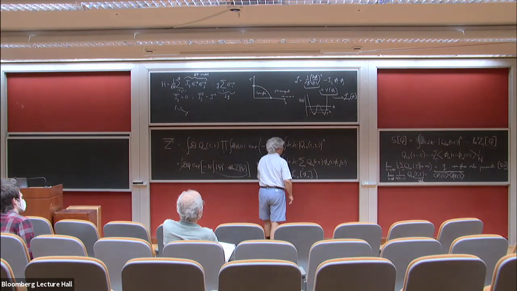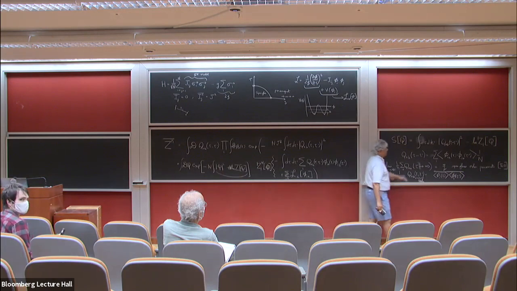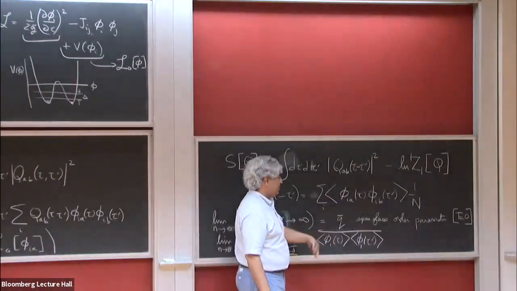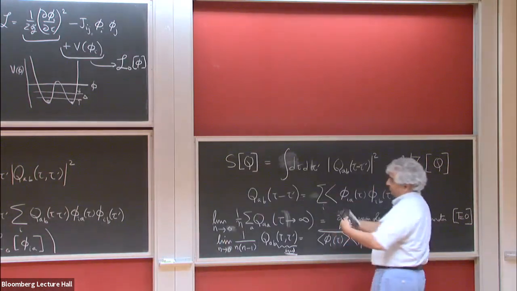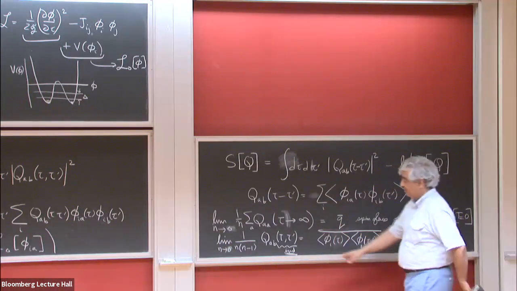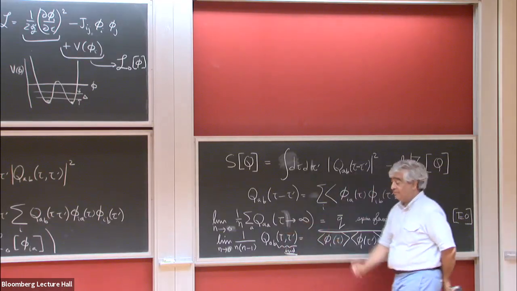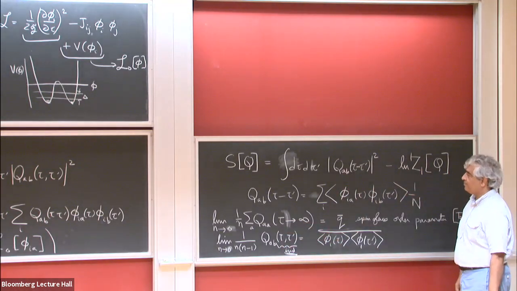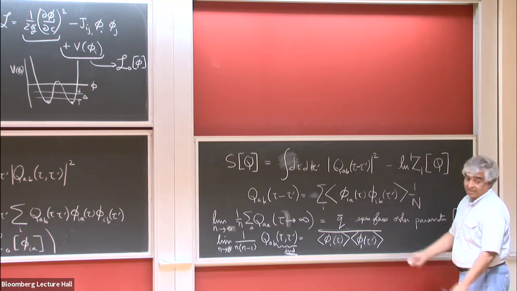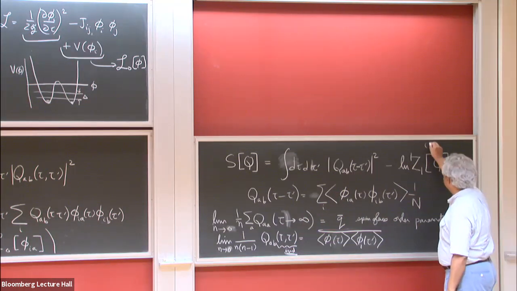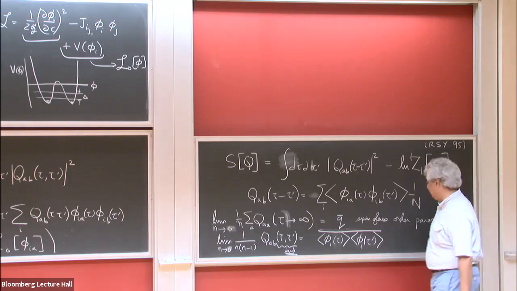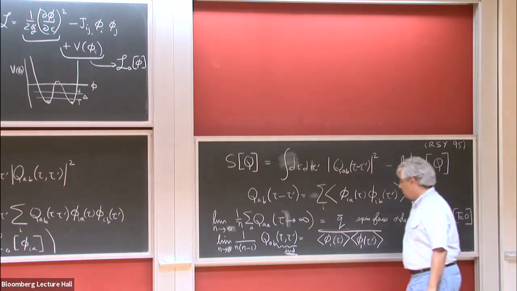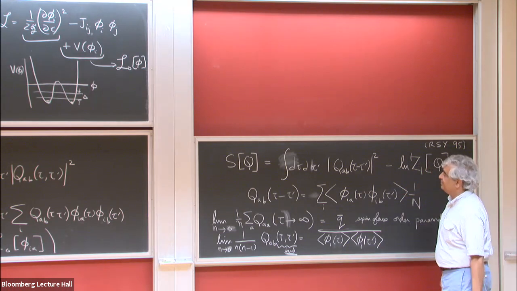But after you take a saddle point and look at equilibrium states, then the expectation value of QAB must obey this. But if you're looking at one of the other corrections, you will have to worry about the time dependence of the off-diagonal components. And some of that was discussed in our paper, Green's Sextet in '95, '94, or something like that. Okay, but here I'll just focus on this.